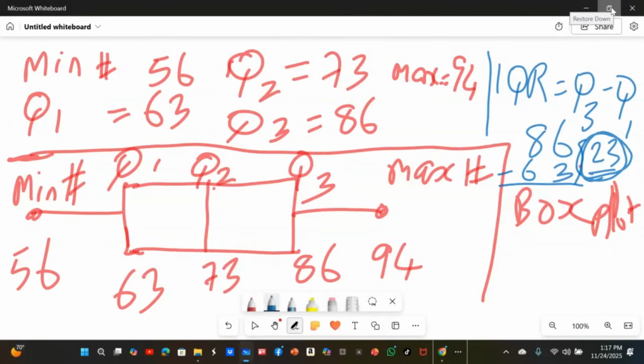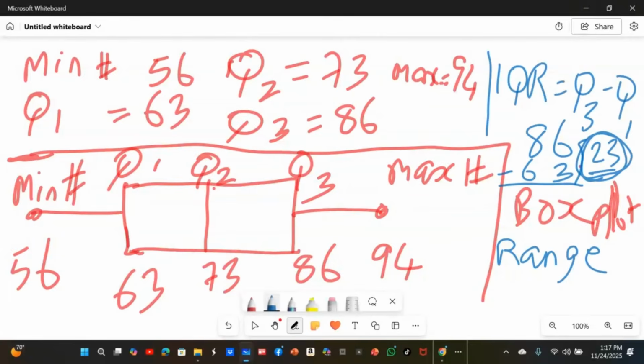We can also be told to find the range. The range is always maximum minus minimum. So what is the range of his grades? It is maximum minus minimum, which is 94 minus 56.